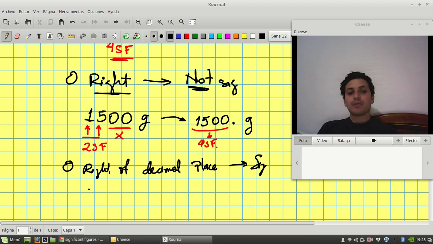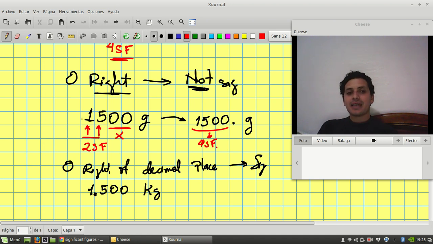So for example, 1.500 kilograms. Notice that both measurements are the same: 1,500 grams and 1.500 kilograms are the same number, we just did a conversion of units.